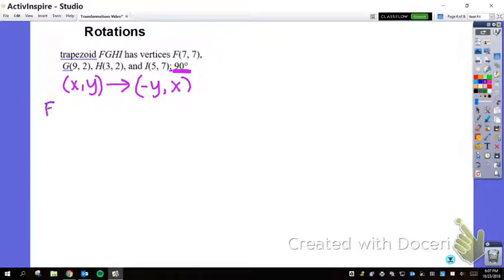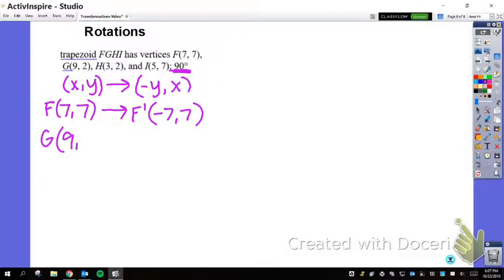So our F point is 7, 7. So our F prime, we flip places and the y becomes negative, so -7, 7. Then we have G at 9, 2. So G prime, they flip places, and the original y becomes negative. So we would have -2, 9.